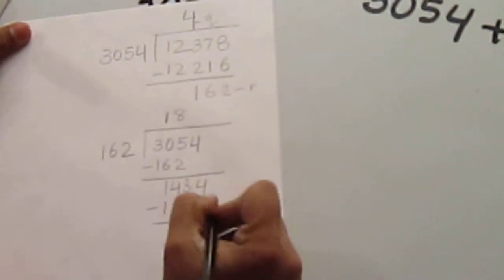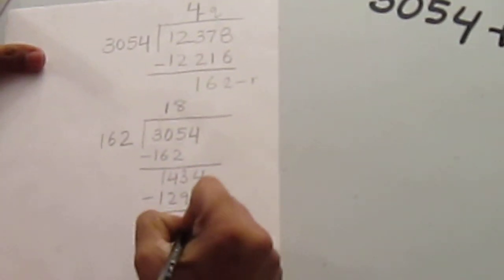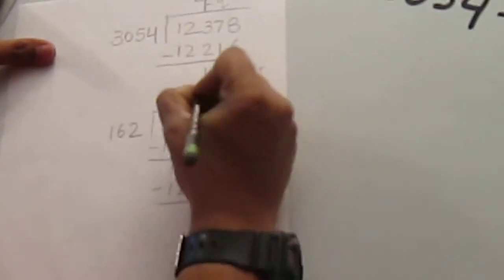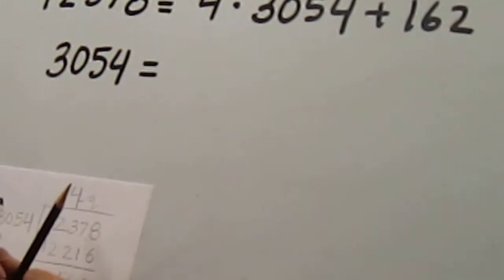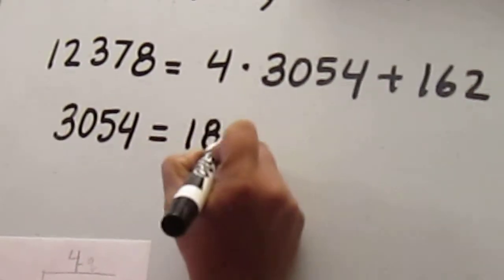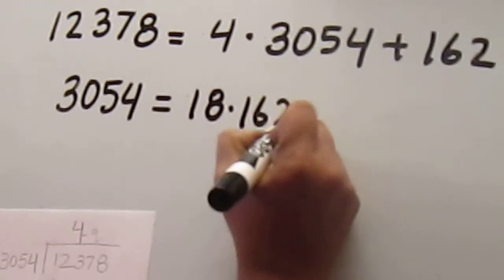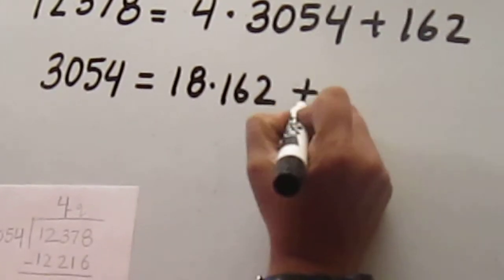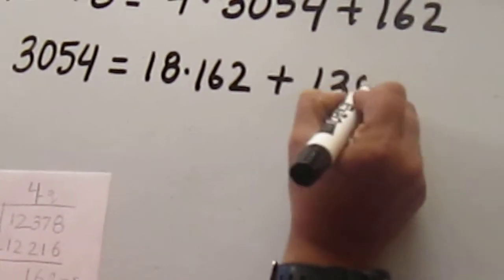The remainder of this division is 138. That's my remainder. So to write it again, here's the quotient: 18 times 162 plus 138.